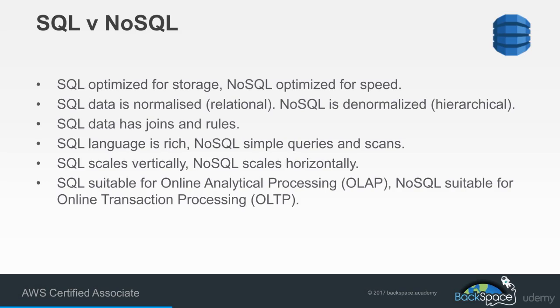So SQL is suitable for OLAP, online analytical processing, whereas NoSQL is suitable for online transaction processing. And that's because of the rich language and the joins and rules that SQL has. It lends itself well to analytical processing. But again, if you take advantage of other services like Hadoop, that can fill that gap for you.